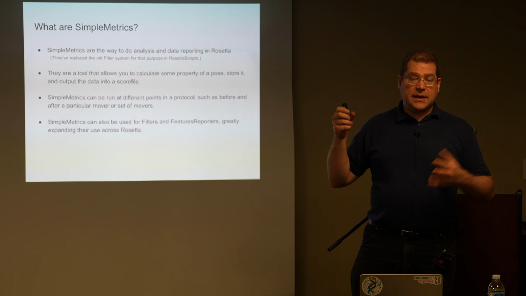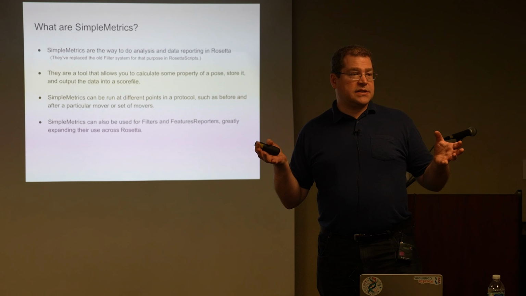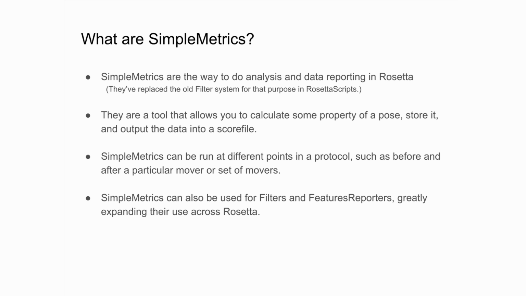As mentioned, SimpleMetrics are our way of reporting various values. This can be really arbitrary information about the pose, thinking about geometry or quality or energy or various other things. In some of the older protocols that were made before we had SimpleMetrics, filters fulfilled the same sort of function in the sense that they calculated a value. But SimpleMetrics are a more general framework for doing this.